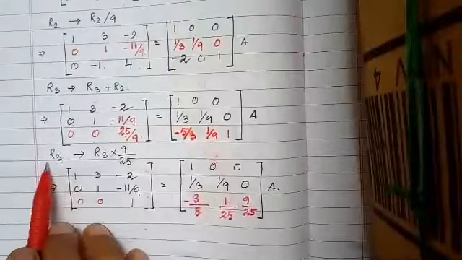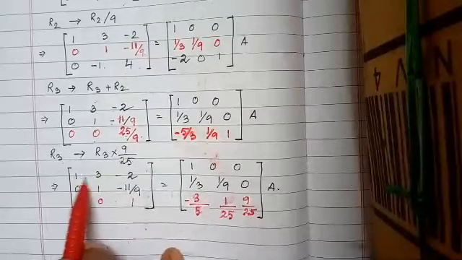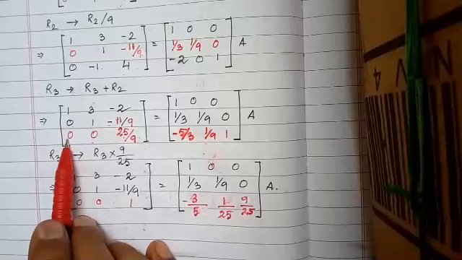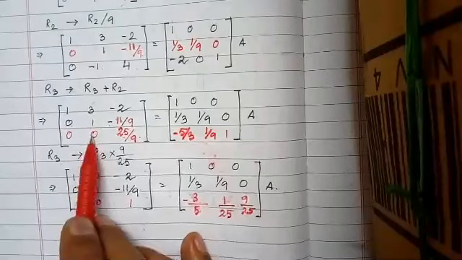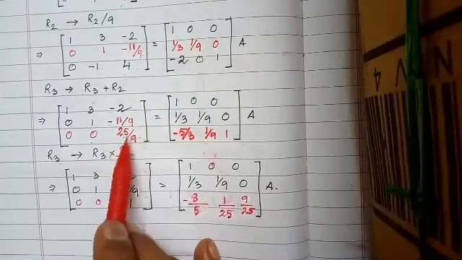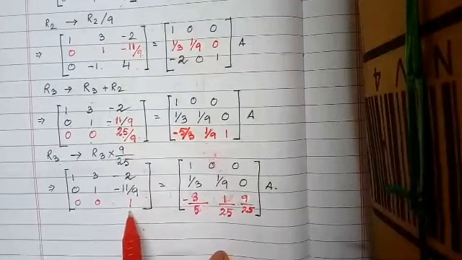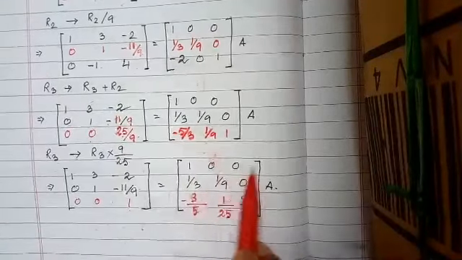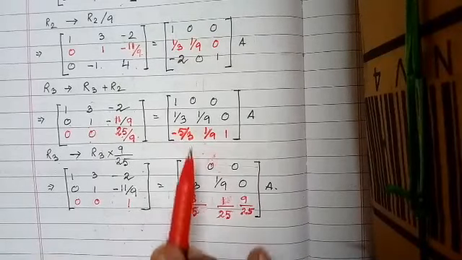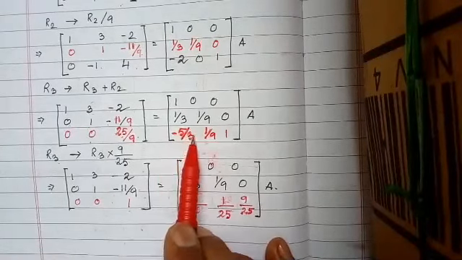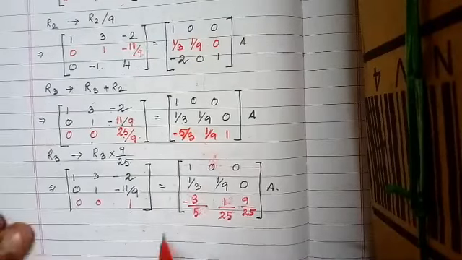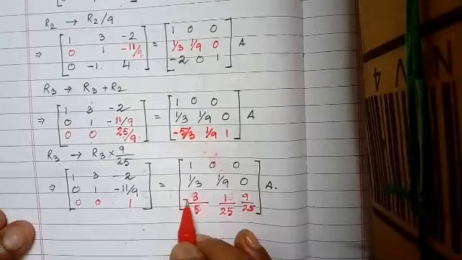So again you see we are operating R3. R1 and R2 are written as they are. This is into 9 by 25. So 0 is 0, 0 is 0, 25 by 9 into 9 by 25 becomes 1. Similarly for this one, R1 as it is, R2 as it is. Now minus 5 by 3 into 9 by 25 will give you minus 3 by 5.